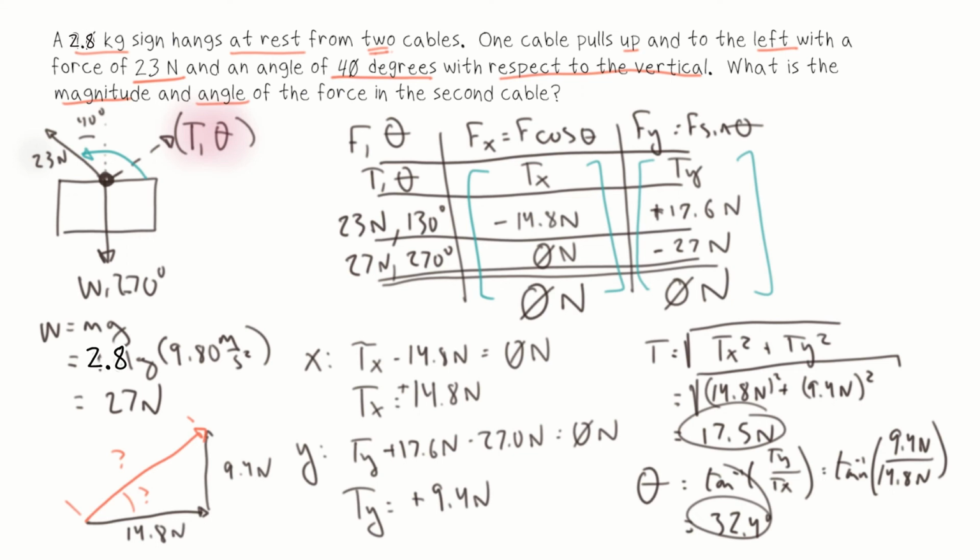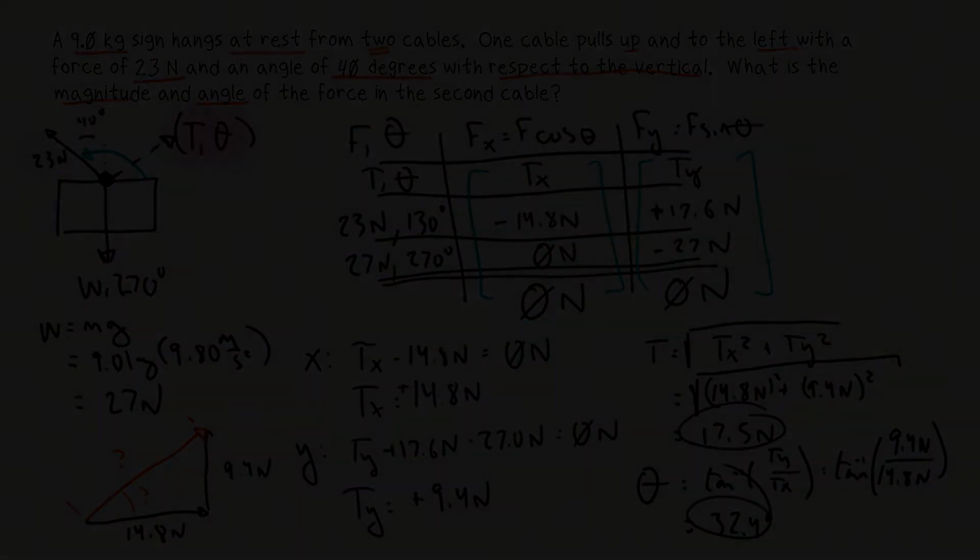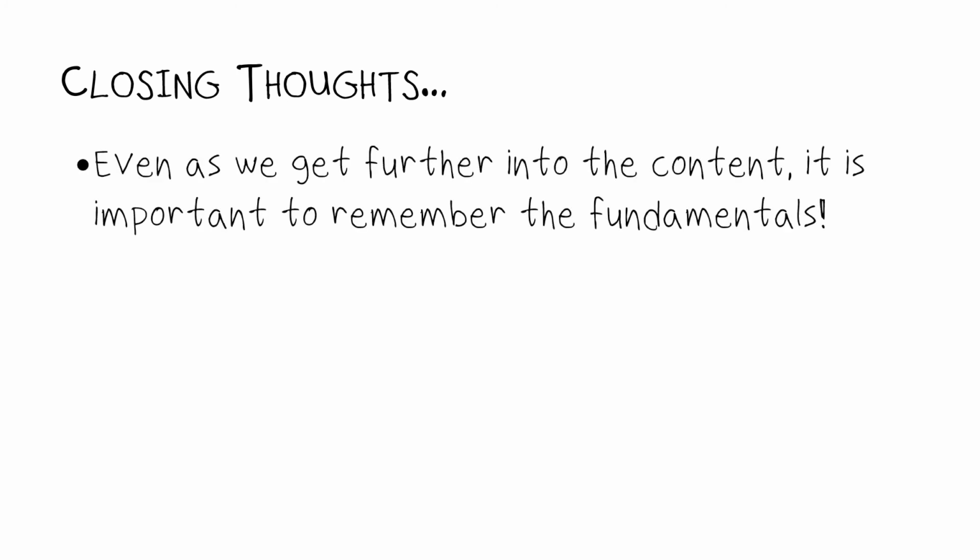If you want to check if I'm right or not, go ahead, plug it into the table. Instead of t and theta, put in 17.5 and 32.4 degrees and solve it out, and I believe you will find both columns add to 0 still. Okay, just a closing thought or two here at the end of the lesson.